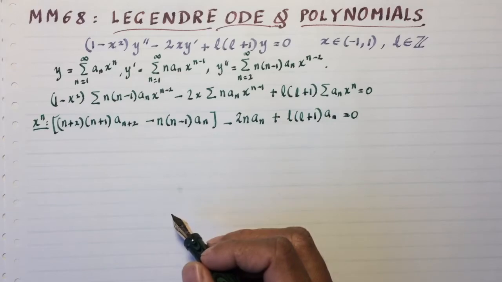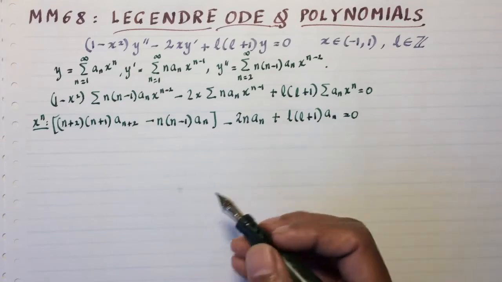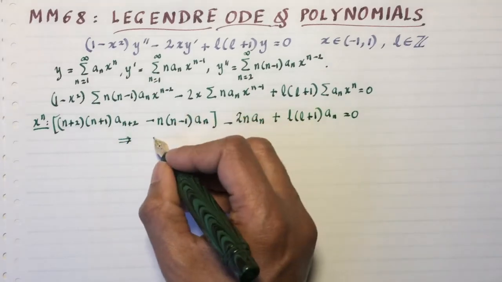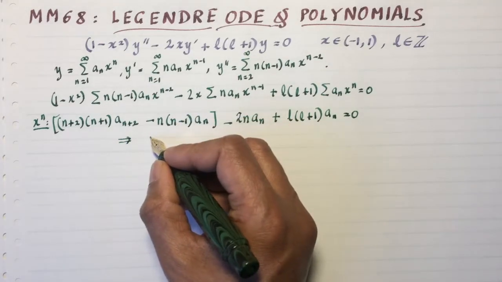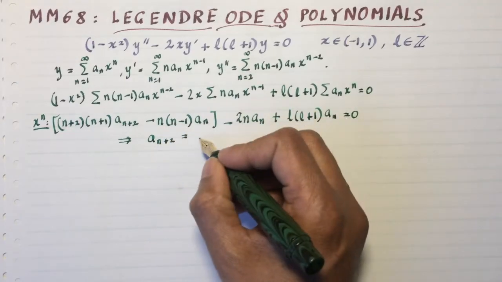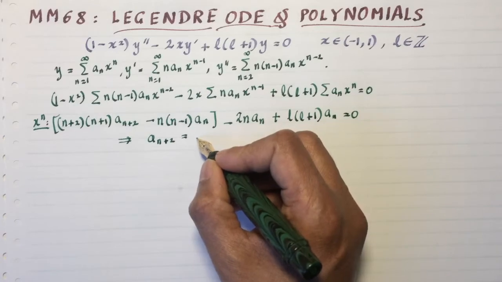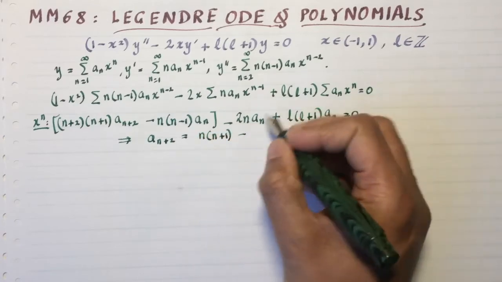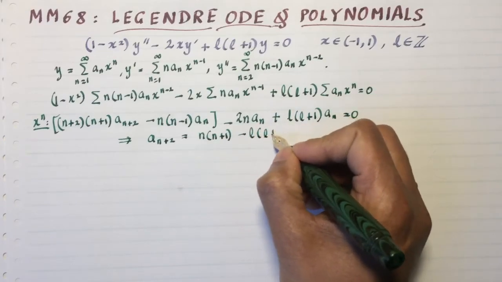So we can do this as follows. I'll leave some of the algebra to the notes. So I'm going to get a_(n+2), and you can write this in this peculiar fashion. a_(n+2) equals n times n plus 1 minus l times l plus 1.